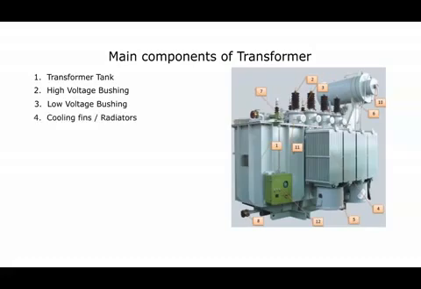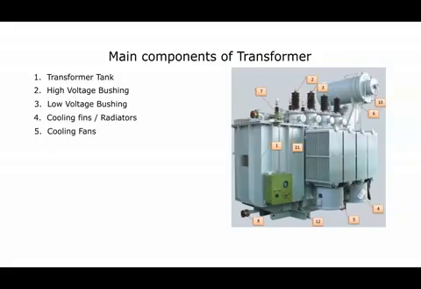Cooling fins and radiator. In order for the transformer to dissipate the heat that is generated in its oil insulation, cooling fins and radiators are usually attached to the transformer tanks. Cooling fans can be usually found attached to the cooling fins.